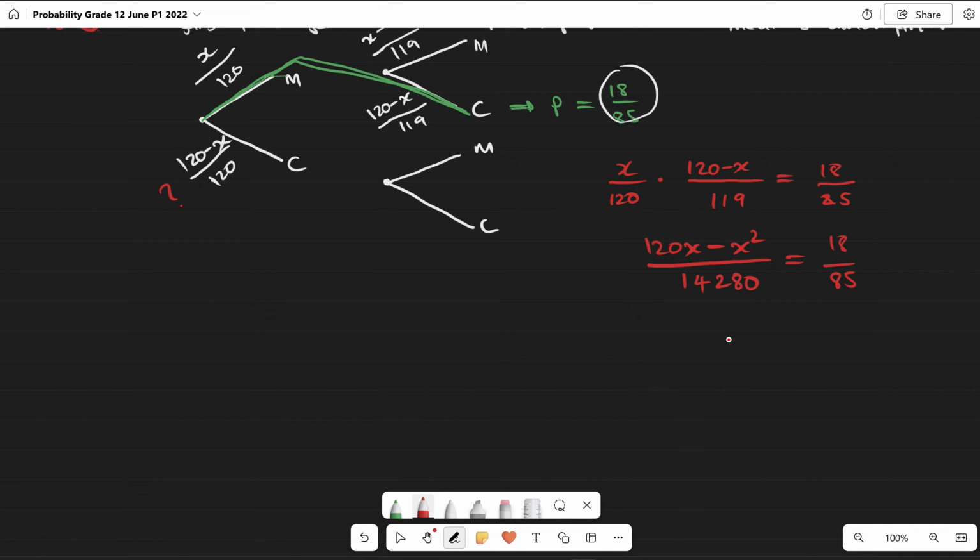What we can do is cross multiply. So we cross multiply 85 with this, and this with that.